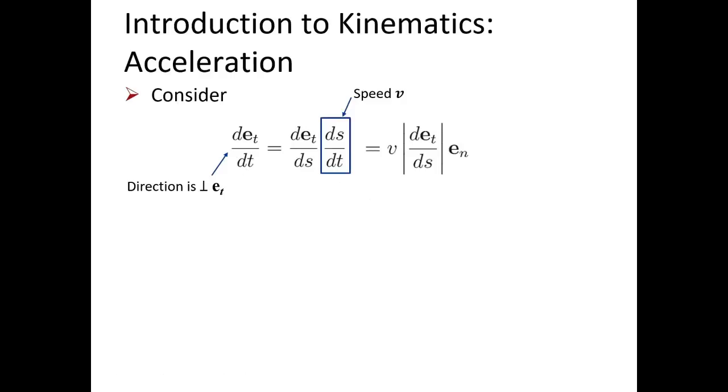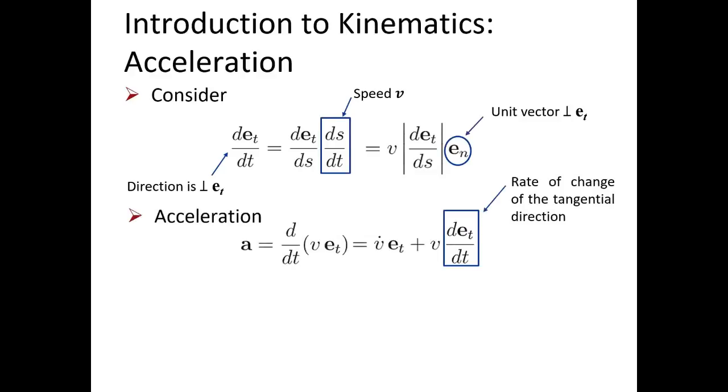Therefore, this vector is v into the magnitude of det over ds, and the direction is en. en is defined as the unit vector perpendicular to et. So that is det over dt.